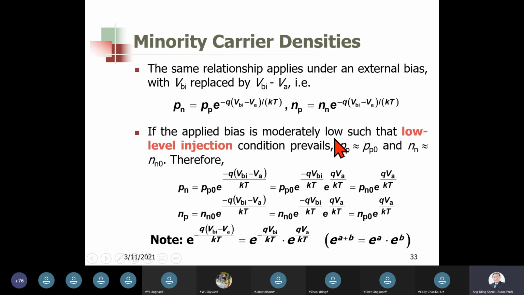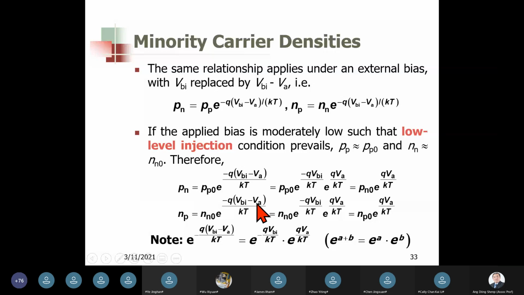Recognizing this, we can therefore replace PP by PP naught and NN by NN naught. This is possible if the low-level injection assumption holds true.